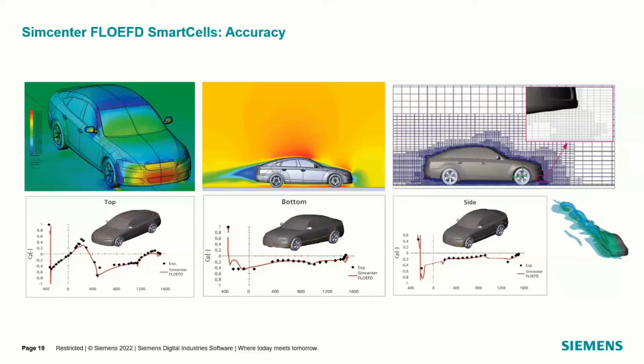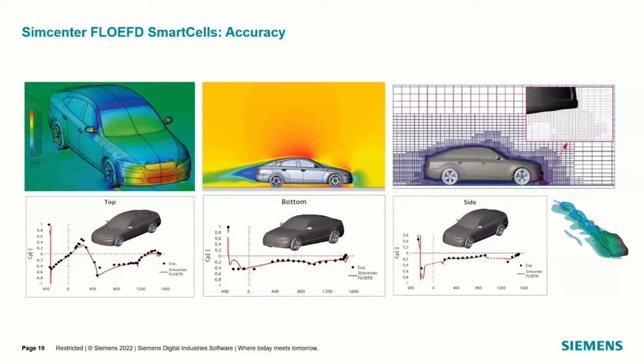If anything, where you see things getting off track are at some of these regions where the geometry is changing very tightly. And so if anything, I think that FlowEFD, because of the way you can see how refined the mesh is at some of these smaller areas, gives the engineers the ability to measure things in a much more refined manner than what they could in the wind tunnel.